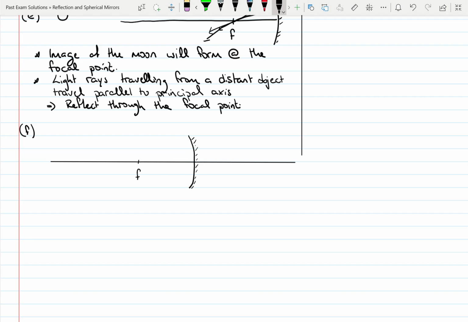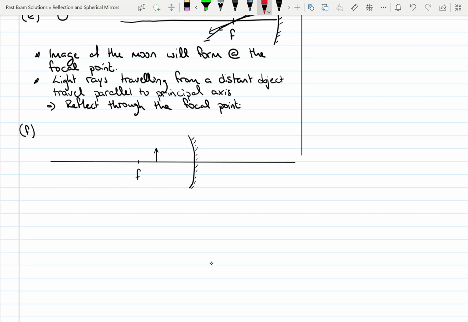Now, what we should recall from our notes is that if you want an object to form upright with a concave mirror, that object cannot be outside the focal length. That does not work, guys. Instead, your object needs to be inside the focal length. Okay, and now what we're going to do, we're going to draw our light rays.